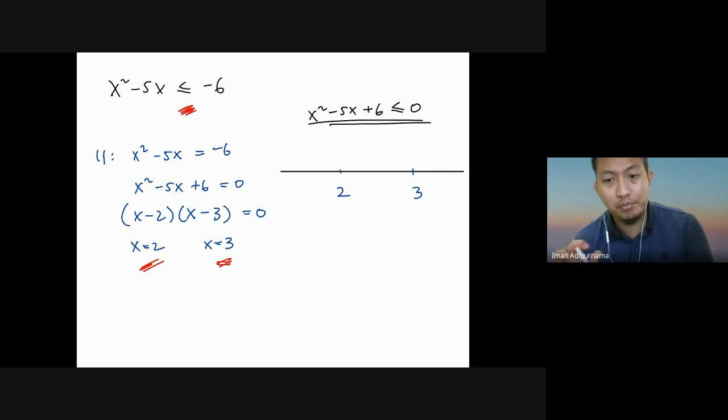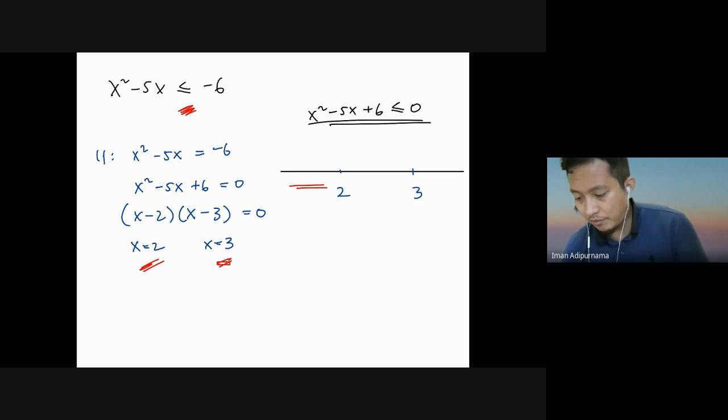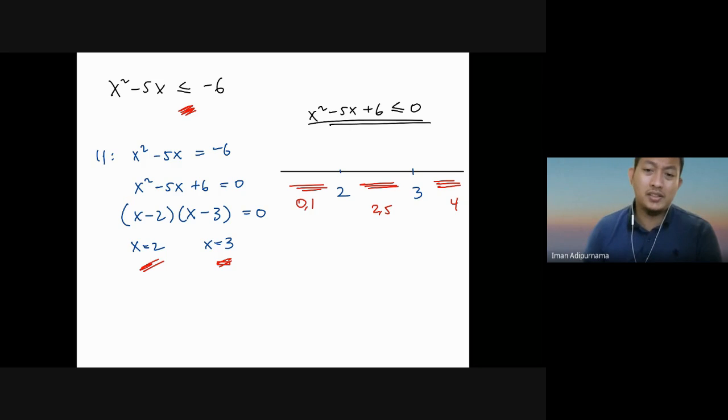So I need to pick some numbers. Maybe numbers here are 0 or 1. Numbers from here maybe 4. Numbers from here maybe 2.5. But at least some numbers that you can expect to be calculated.